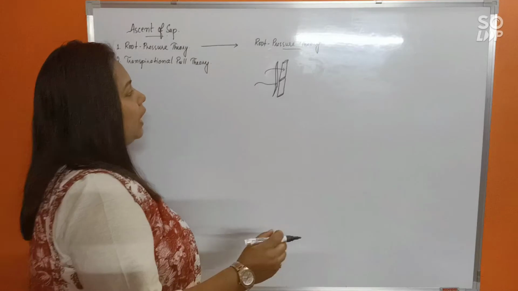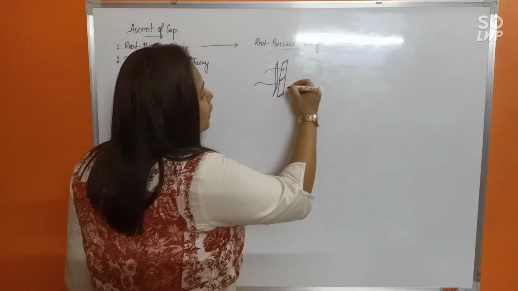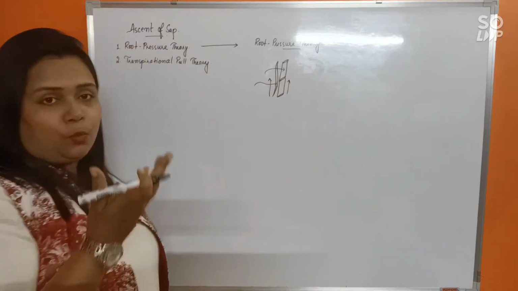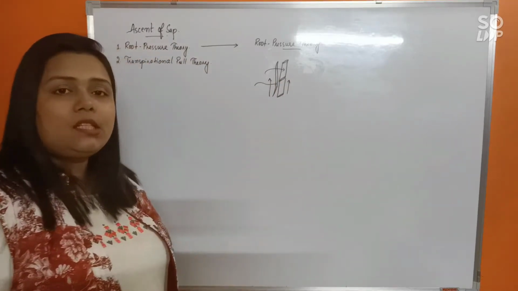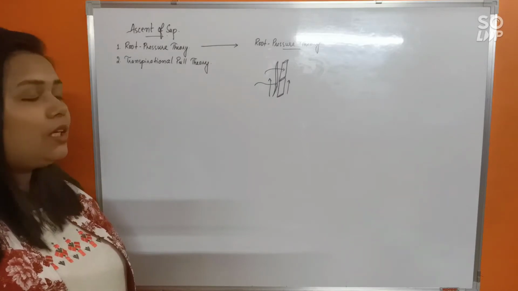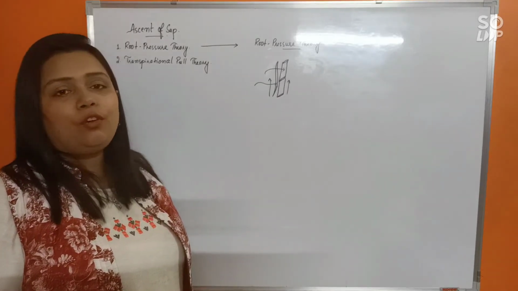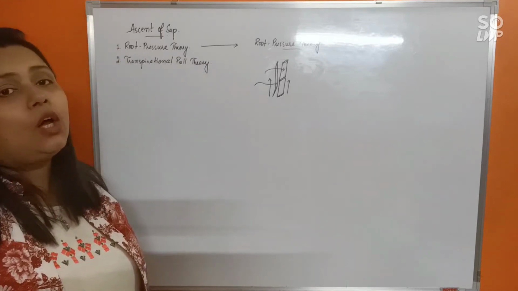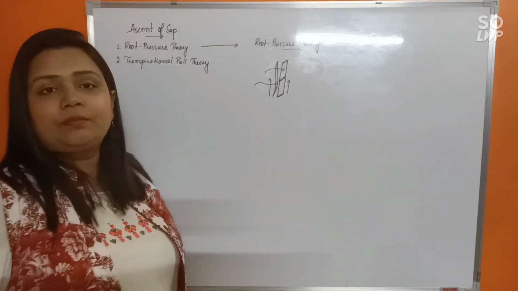Okay, now due to this pressure, the water would start moving upwards through the tracheids and vessels automatically. And this upward movement of water is going to happen because of the positive pressure built up in the tracheids and vessels, which is known as root pressure.